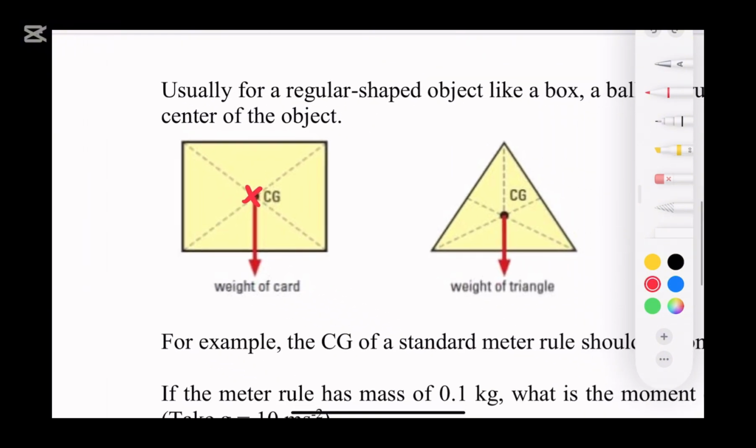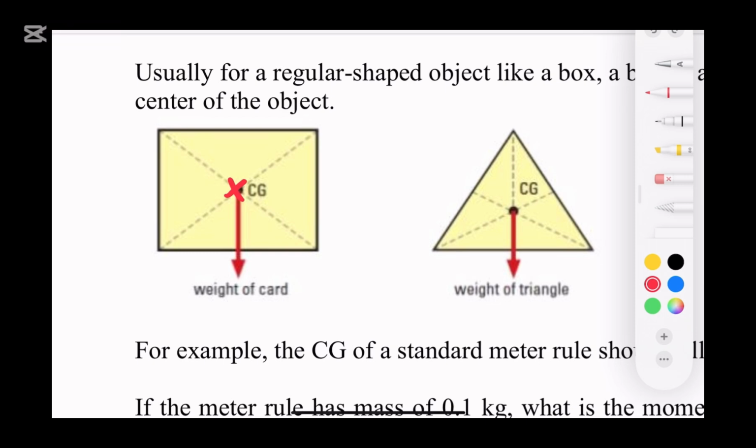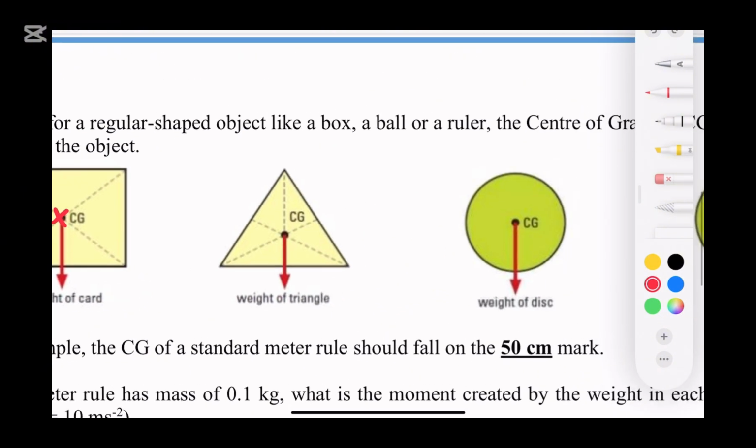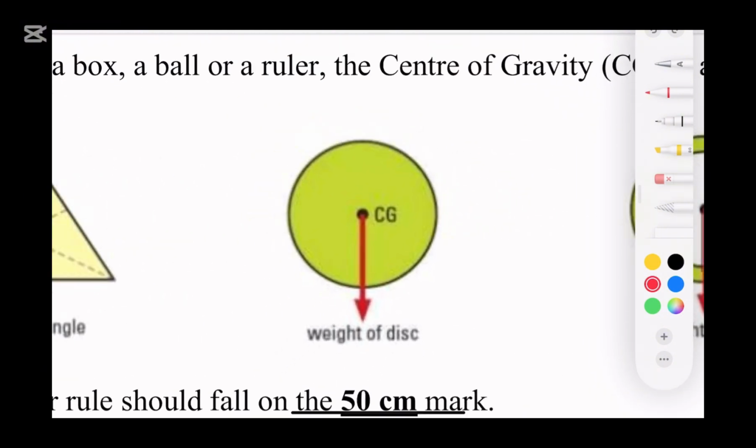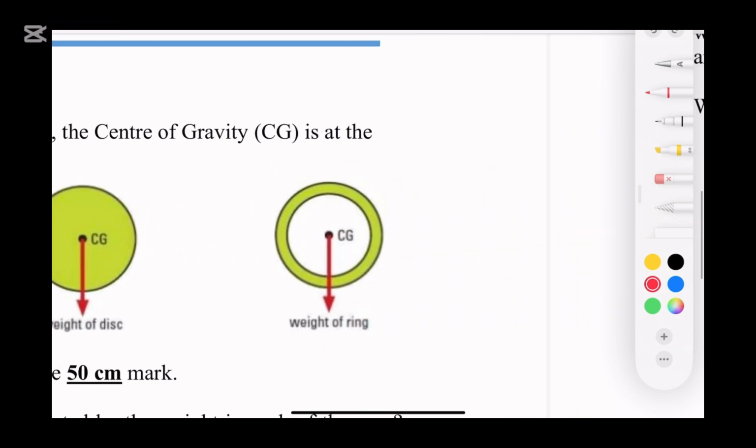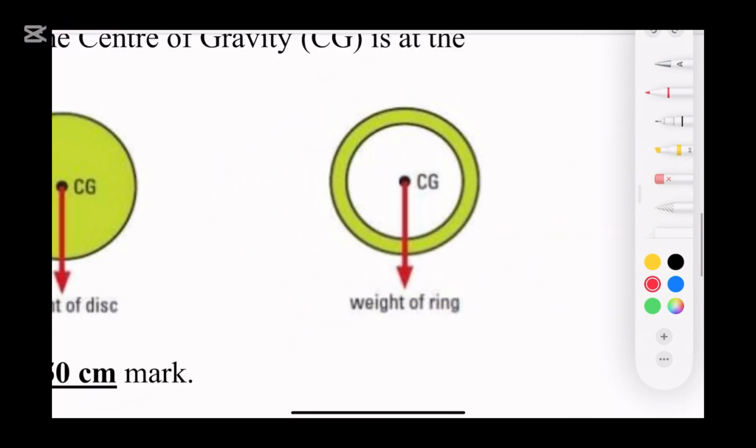For a symmetrical object, I think it's quite clear. For rectangle, square, circle, it's always at the center. Triangle also at the center if it's a perfect triangle. Yeah, for a circle like this. But for certain weird shapes, the CG does not lie on the object itself. So you see, in this case, it's a ring.